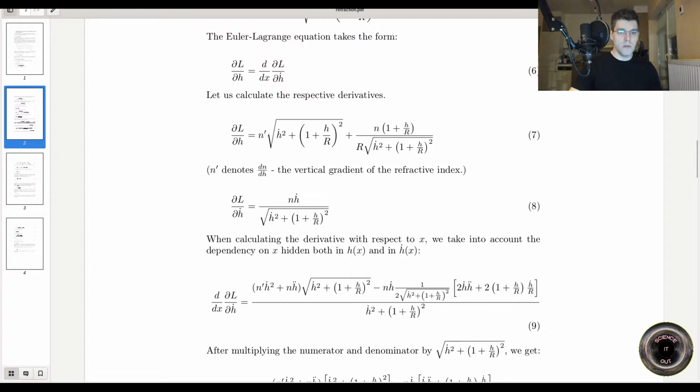And now we calculate the complete derivative, so everything that depends on x here is considered to be depending on x. So n depends on x because it depends on h, which depends on x. So this will have to be differentiated. H dot depends on x explicitly, and h depends on x. So basically those four terms here are variables in this case.